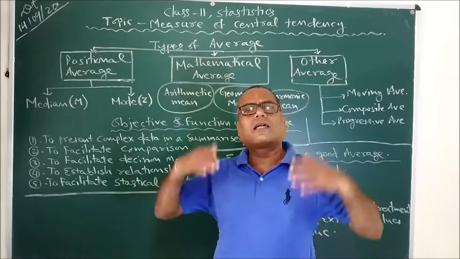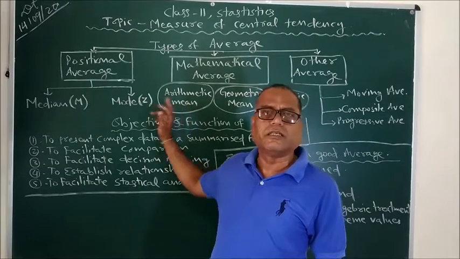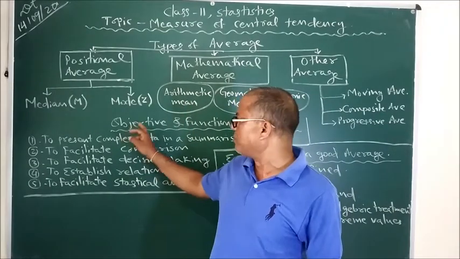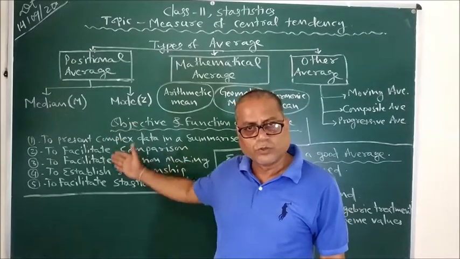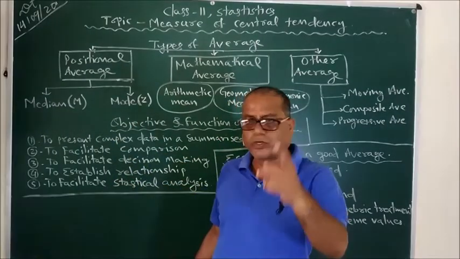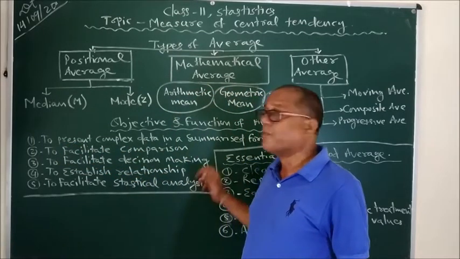Objectives means why at all we should learn the way to find out or calculate mean, median or mode. So why do we need an average? Due to these 5 reasons, one by one we will discuss. The first one is to present complex data in a summarized form.